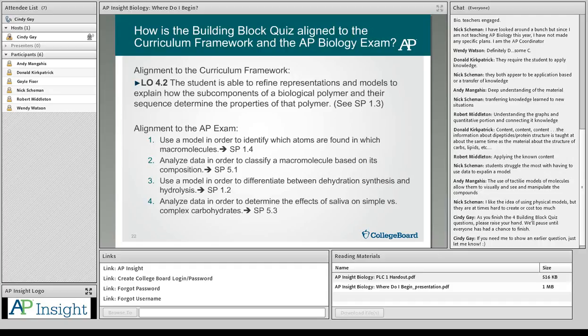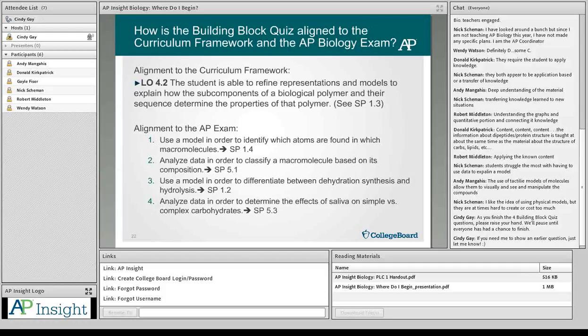So the building block quizzes can really guide our planning and teaching to ensure that we have given students opportunities to learn and develop the necessary skills and knowledge. All of these questions, questions 1 through 4, required modeling, which is the science practice associated with this particular learning objective.